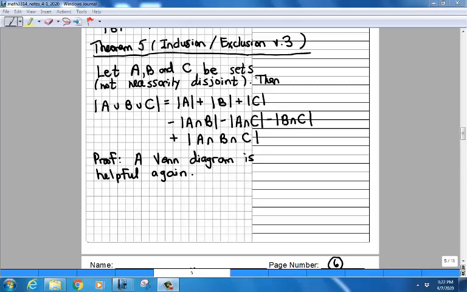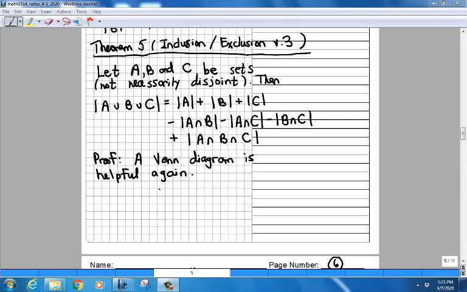We've already looked at inclusion, exclusion applied to two sets, but now we're going to apply it to three sets, and then we're going to go on after this theorem to look at the most general version of inclusion, exclusion that applies to any number of sets, 2 or 3 or 4 or an arbitrary number of sets, okay? But to understand that more general version, it helps to have seen inclusion, exclusion applied to just a couple of sets, or in this case, to 3 sets, right? All right, so here's the statement of the theorem.